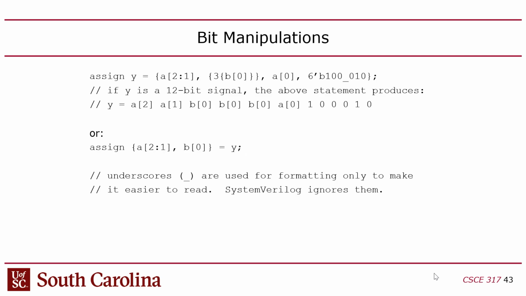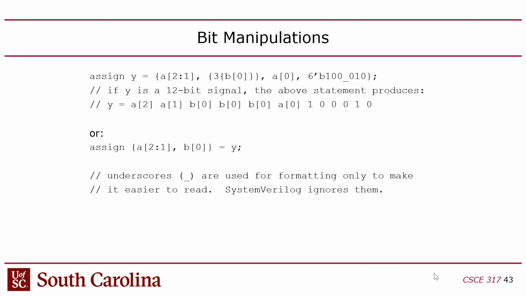Okay, and then bit manipulations. I think I might have talked about this last time. But basically, it's pretty much what you would expect if you looked at the code. What these bit manipulations do is allow you to take curly braces, and you can use these to concatenate smaller signals into a larger signal, or smaller values into a larger value.